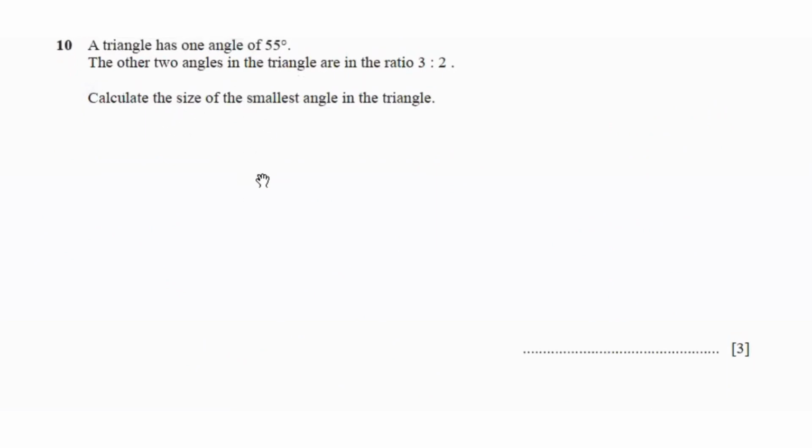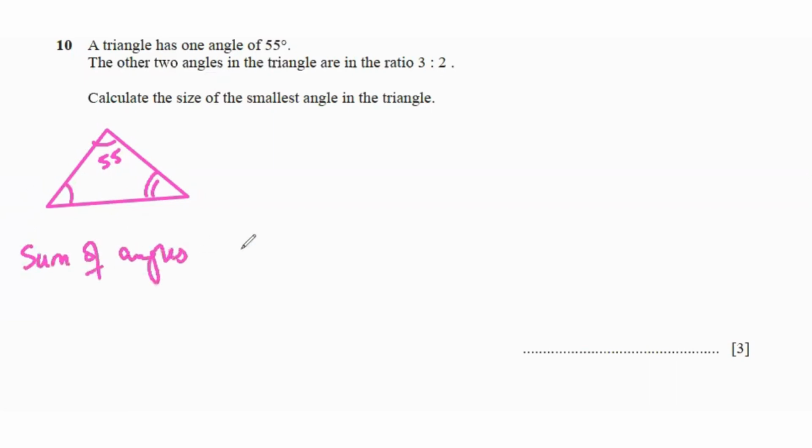A triangle has one angle of 55 degrees. The other two angles in the triangle are in the ratio of 3:2. Calculate the size of the smallest angle in the triangle. If we draw a triangle, let's say this is 55. We don't know what these two angles are, but we have the ratio of these two angles. We know the sum of angles in a triangle equals 180.